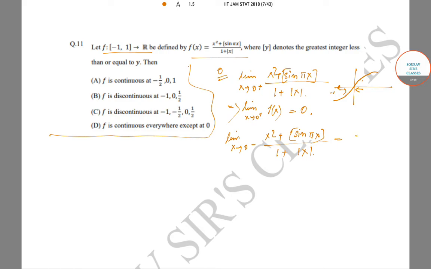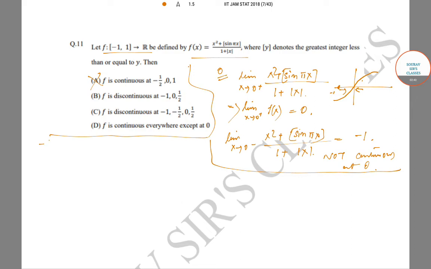So this limit will be minus 1 and hence f is not continuous at 0. So from this calculation, clearly A is wrong. We start the process of elimination.